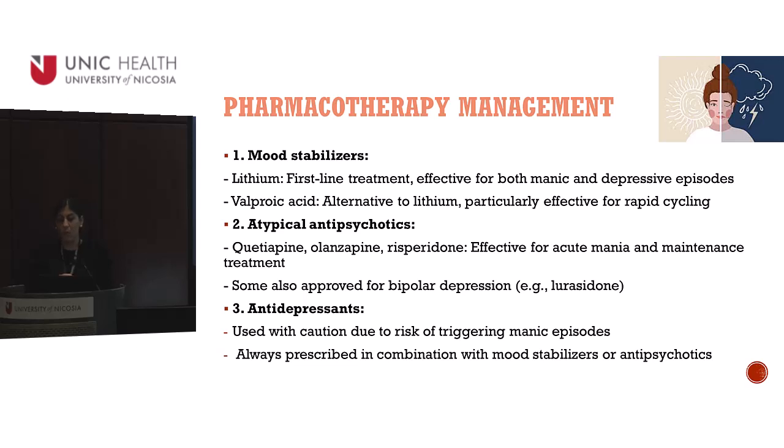These include mood stabilizers, which are the first-line medications that help prevent episodes of mania and depression, as well as antidepressant and antipsychotic medication. During periods when individuals are not experiencing manic or depressive phases, they typically take maintenance medication to prevent a relapse.